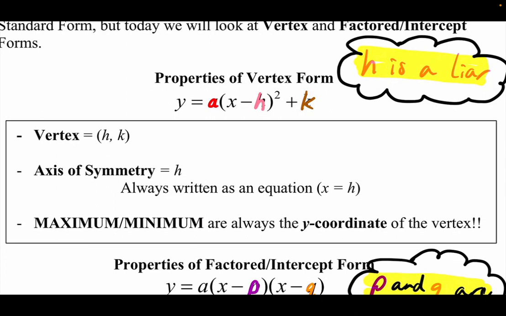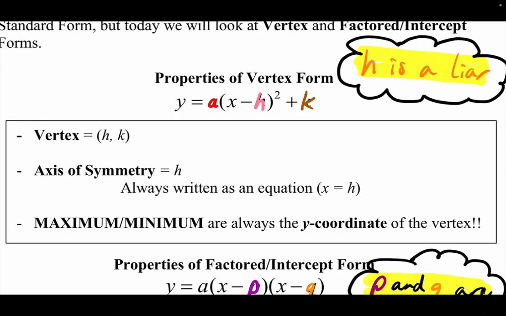So how do I know which? A is going to tell you, right? If A is positive, arrows up. If A is negative, arrows down. That's all of the forms.